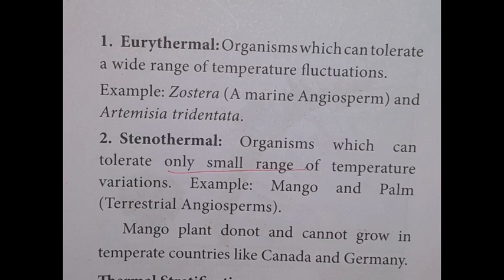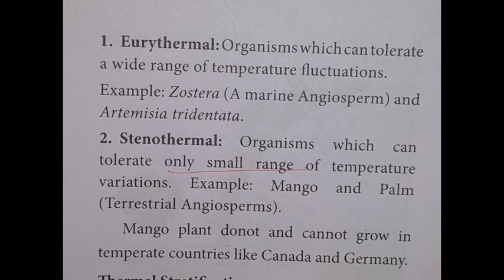Eurythermal organisms can tolerate a wide range of temperature fluctuations. For example, Zostera, a marine angiosperm, and Artemisia tridentata are considered to be eurythermal organisms.